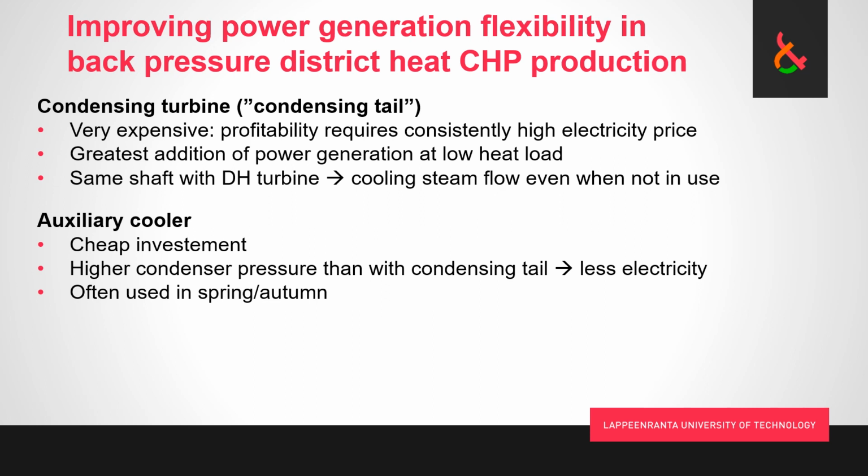Auxiliary cooler, cheapest investment, higher condenser pressure than the condensing turbine, so we don't get as much electricity, but it's a very cheap way of getting some extra hours of our CHP plant in the spring and autumn time.